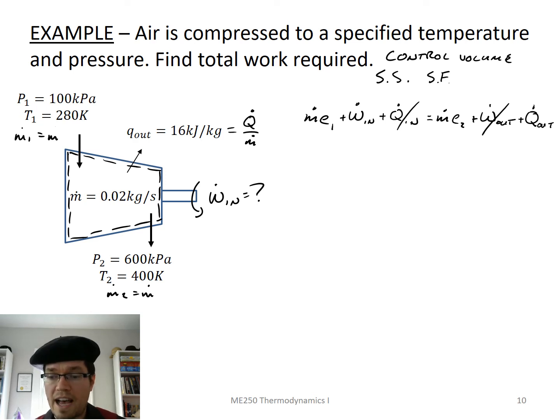If we make one last assumption that our change in kinetic energy and our change in potential energy are approximately equal to 0, then what that means is that we can ignore the slight elevation change from the top to the bottom of the compressor and the slight velocity change from the inlet to the outlet of the compressor. Those are perfectly reasonable assumptions.